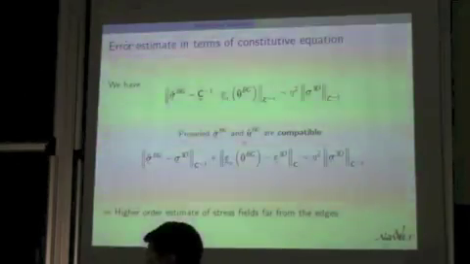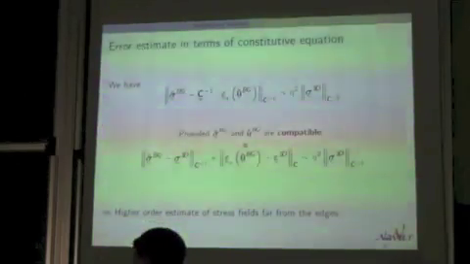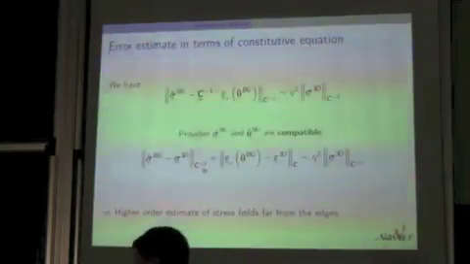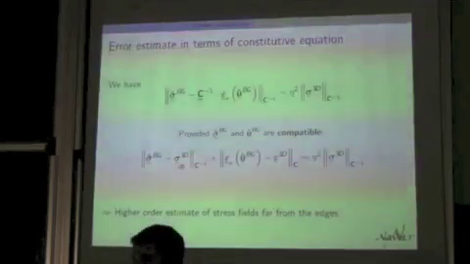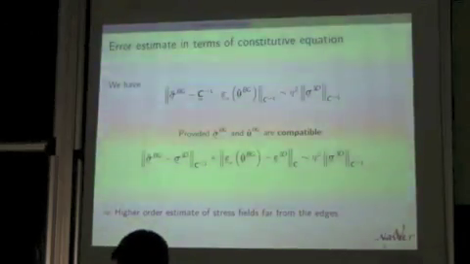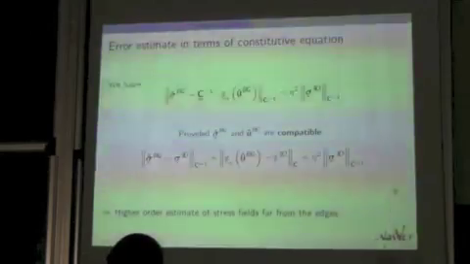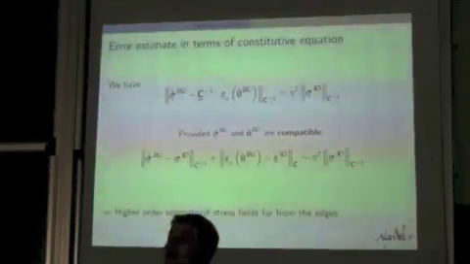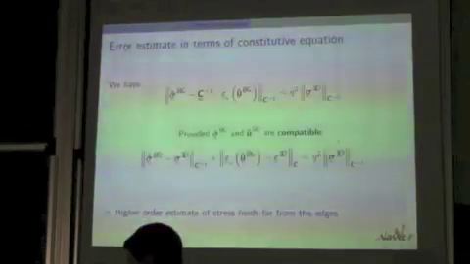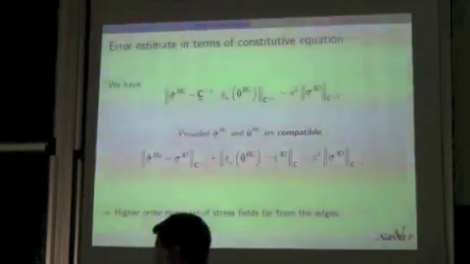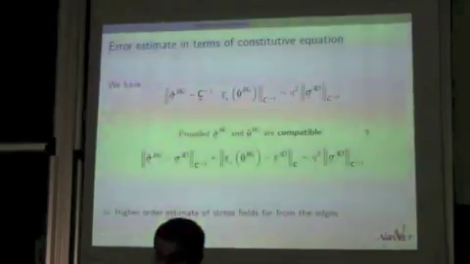So provided that those fields are compatible, it's not always the case as I mentioned. You have the following estimates of the actual stress and strain fields. Okay, and if you do not fulfill the boundary condition exactly, it's far from the edge. Okay.